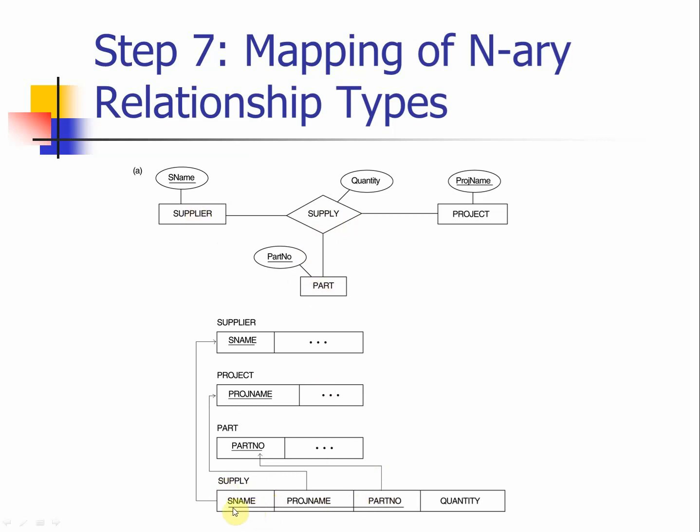I draw a very dramatic underline under those 3 attributes, indicating that the primary key of this new relation will be the combination of the 3 primary keys. And then every single one of those will form a foreign key linking back to the original one. If any attributes come with this relationship, we also need to include them. So this is how we are able to convert the unary relationship.